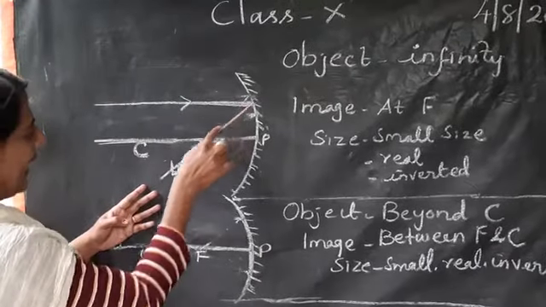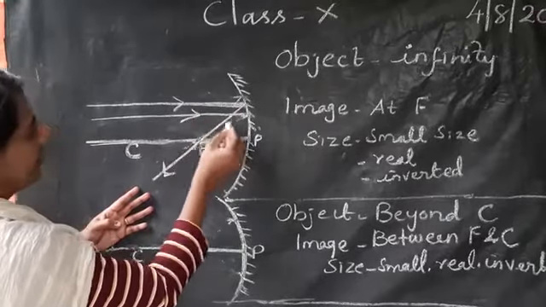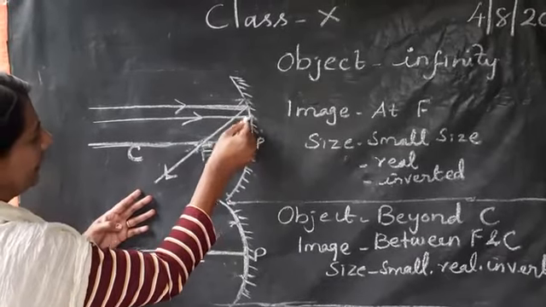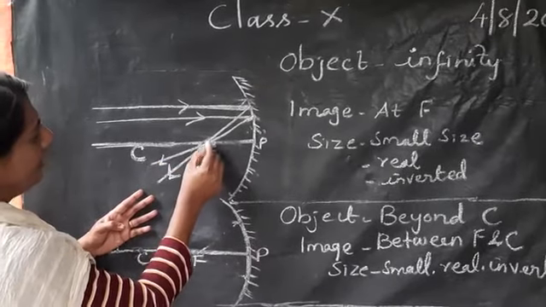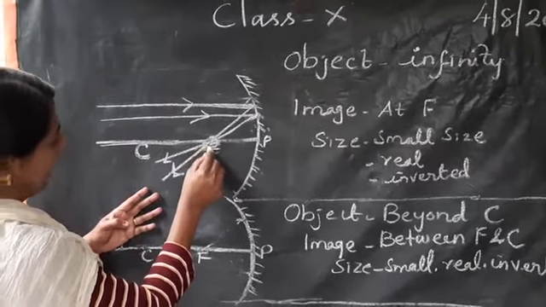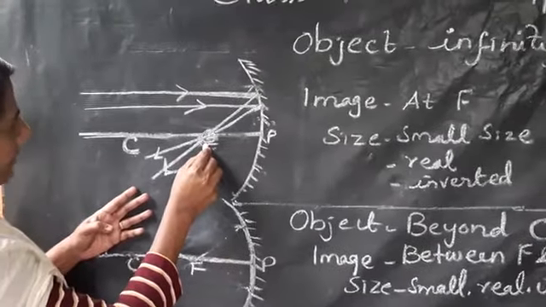Okay, 1 ray I have drawn, 1 more I am taking. So this is another incident ray. After reflection it moves through F. These 2 rays meet at the point F, that means the principal focus. So here the image is formed.